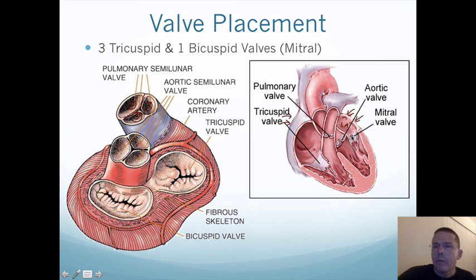The blood then flows through the mitral valve, which is the only bicuspid valve we have in our heart. The bicuspid valve, as you can see, has a dramatically different structure. It only has 1 cusp here and a second cusp here, creating what I think looks like a bit of a half moon. You can see up here in the names, and I just got this picture off of Google, they refer to the aortic and the pulmonary valve as semilunar valves.